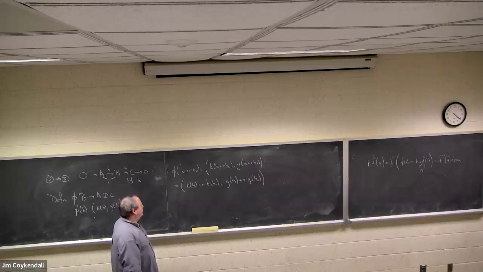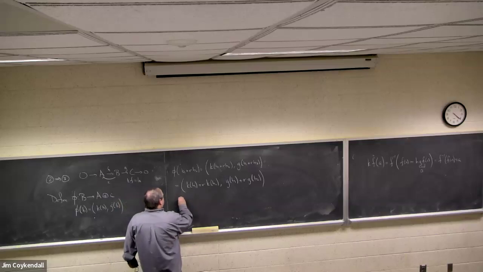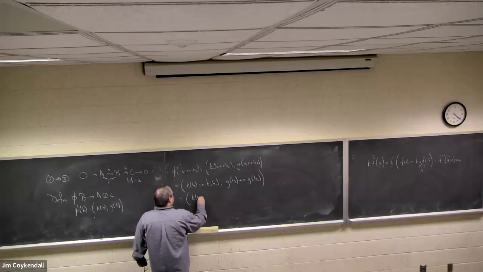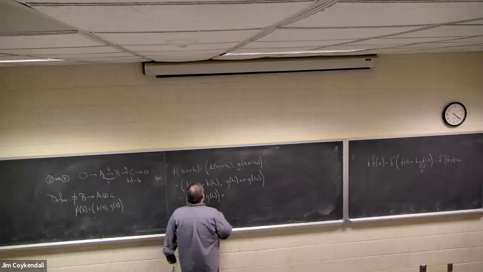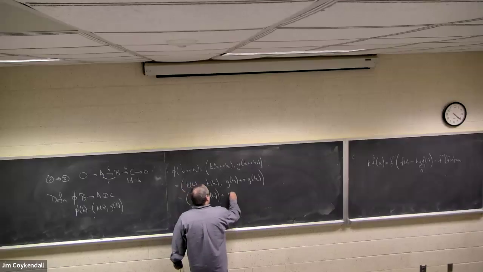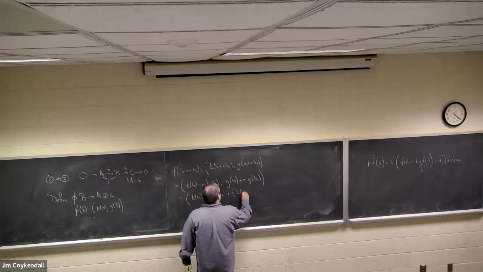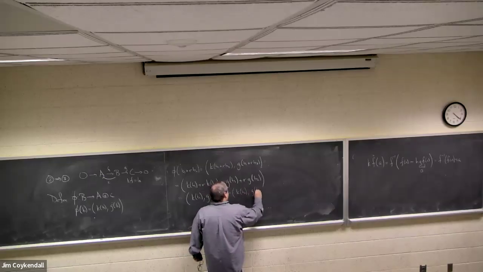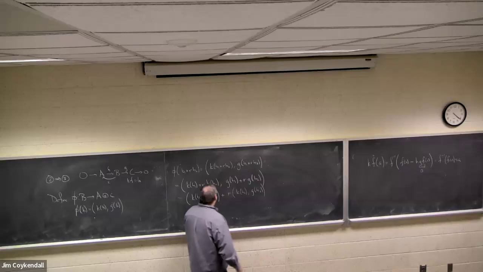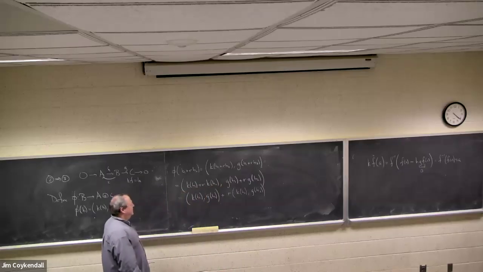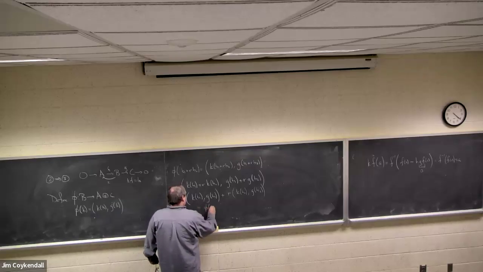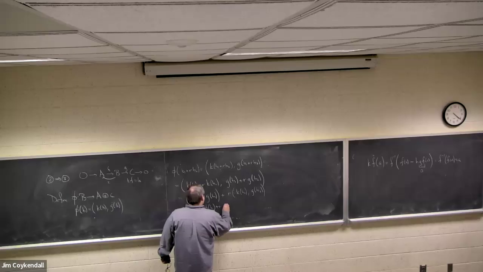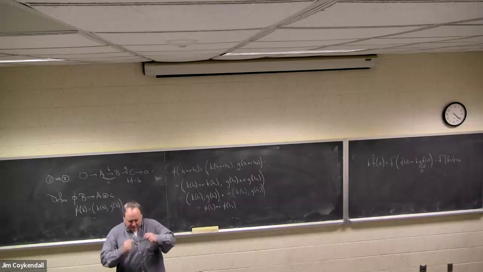And now let's split this up sagaciously: K B1, G B1 plus R times K B2, G B2. That looks right to me. And so this is phi of B1 plus R phi of B2. Yay, it's an R-module homomorphism.